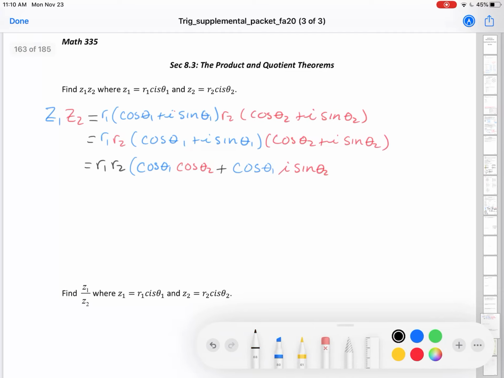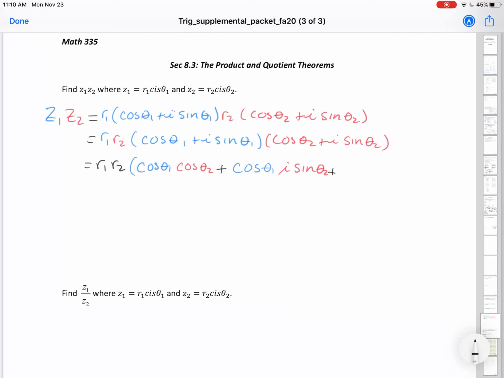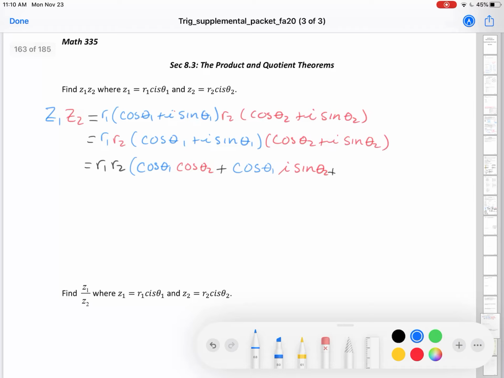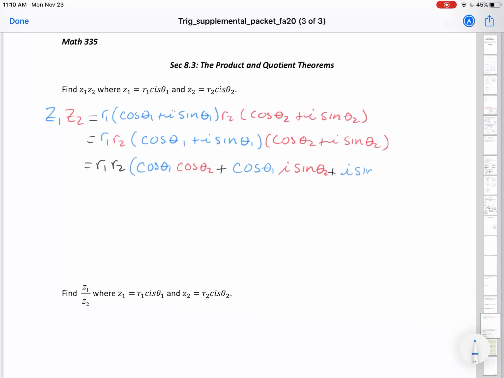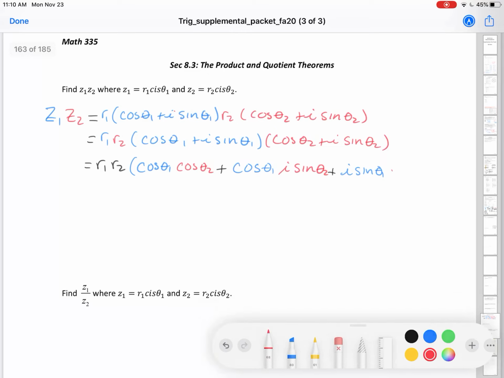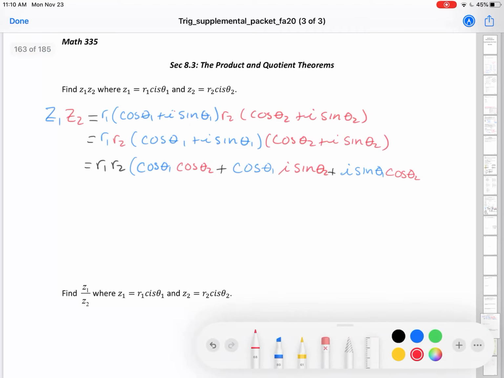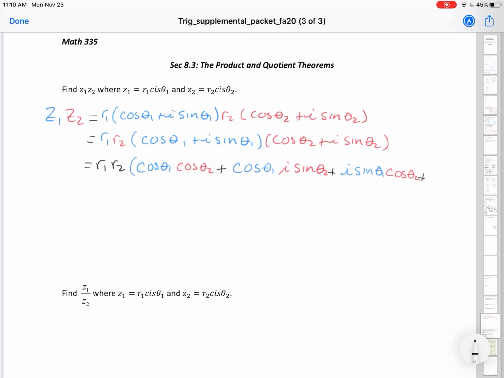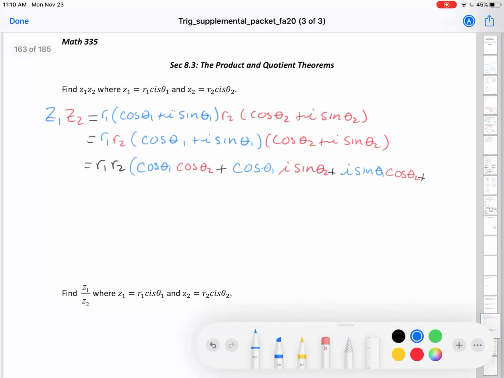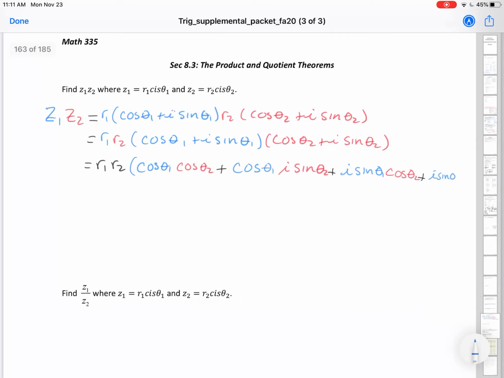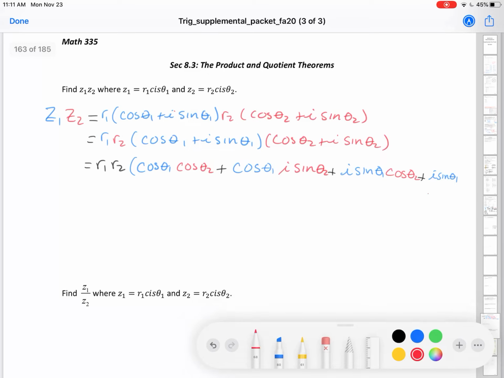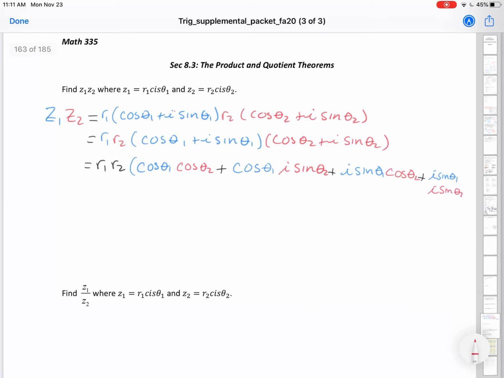Okay, we have 2 other terms to write. Hopefully I can fit them in here. Plus, in blue, i sine theta 1 times cosine theta 2. And then plus, one last one, i sine theta 1 times i sine theta 2.